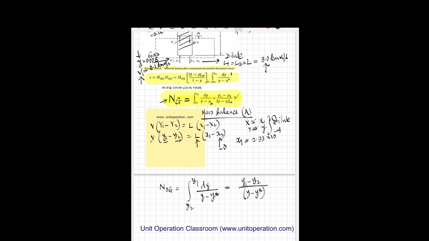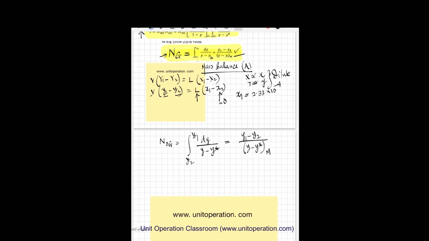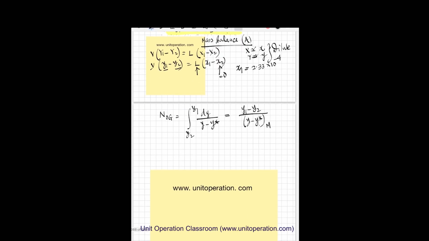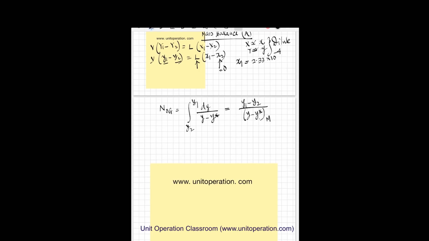So here instead of Yi, we just put Y star. How do we do it? We know Y1 and Y2, that's not a big problem. Y minus Y star log mean is defined as (Y1 minus Y1 star) minus (Y2 minus Y2 star) divided by natural log of (Y1 minus Y1 star) divided by (Y2 minus Y2 star).